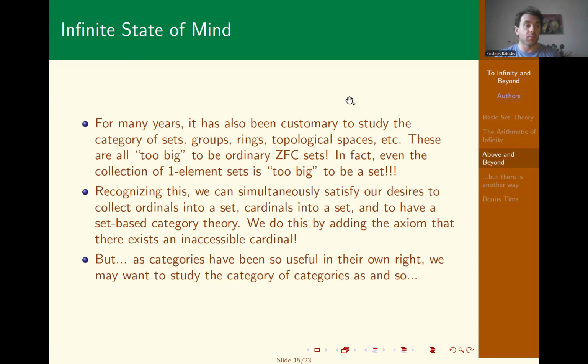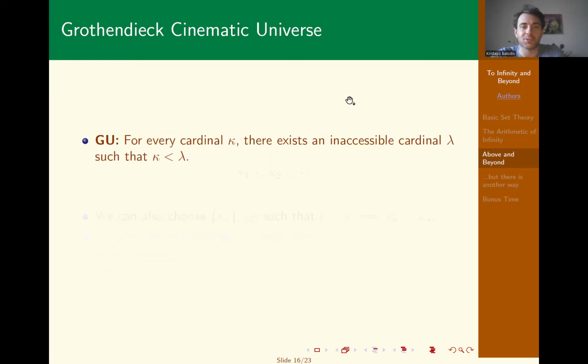And functor categories are super important. If you've heard of Yoneda's lemma, that is a super handy tool. But now we're talking about spaces of functors, and that is an even larger cardinality beyond the inaccessible one that we've posed. So you see the problem here.